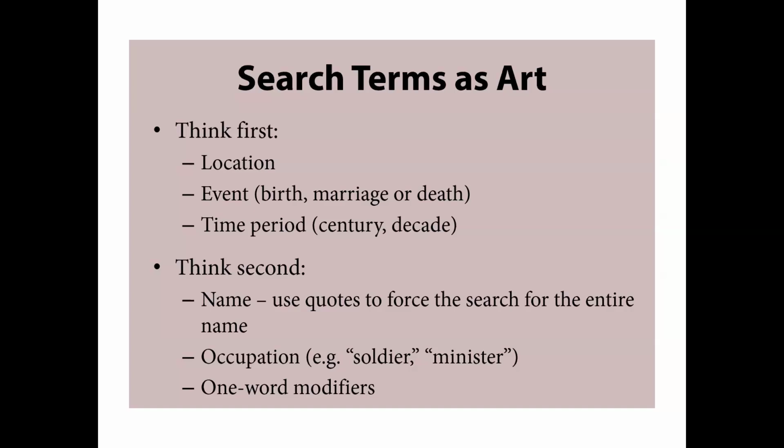There also is a way of using what we call one-word modifiers. While it's not an occupation, maybe we know that someone is the, quote, the younger or the junior member of that community. Sometimes there is a nickname that someone might have been given, and that can be a way to differentiate if you have the right person.